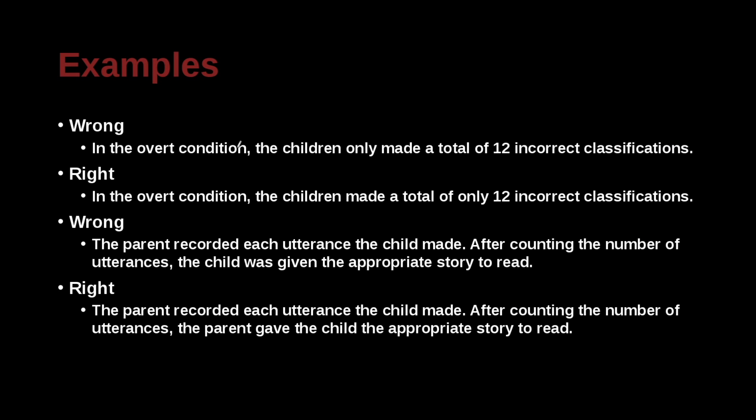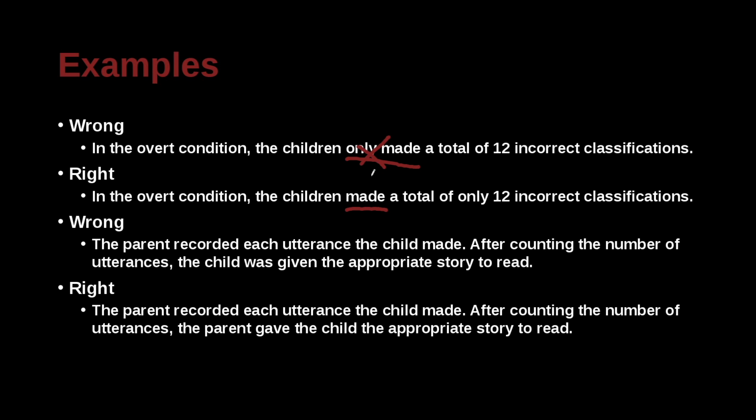The overt condition, the children only made a total of 12 incorrect classifications. In the overt condition, the children made a total of 12 incorrect classifications. You can see here the difference is made and only made. Only made is including this word only.